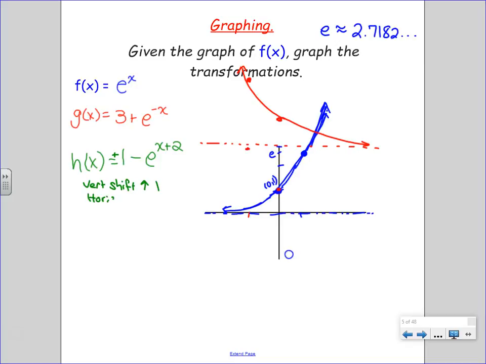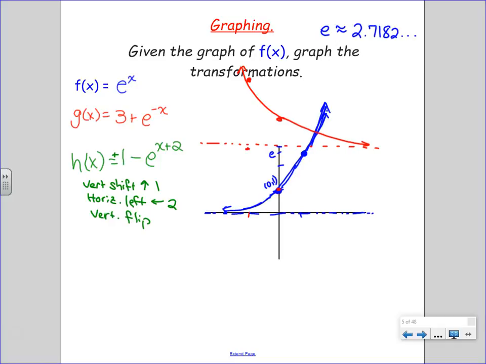Good. Horizontal shift left. Why left? He's positive. Oh, that's right. Backwards what I think, right? Left 2. Uh-oh. What else? I have a negative. You guys see him? Yeah, he's going to do a reflection across the x-axis, or I could say a vertical flip, just for the sake of being fast.